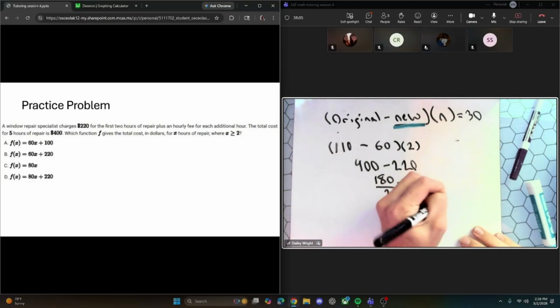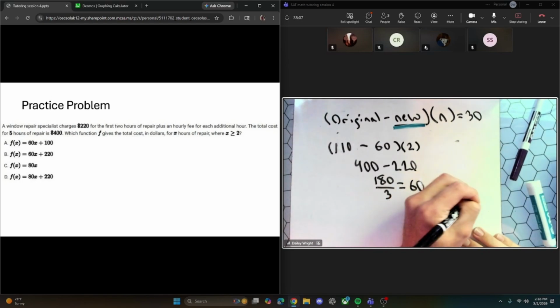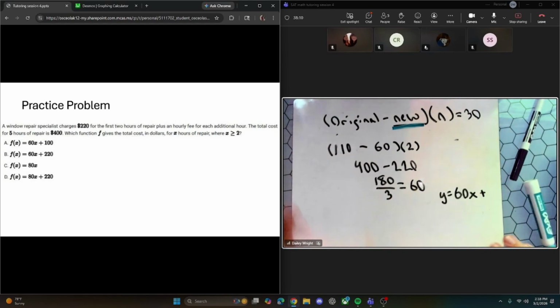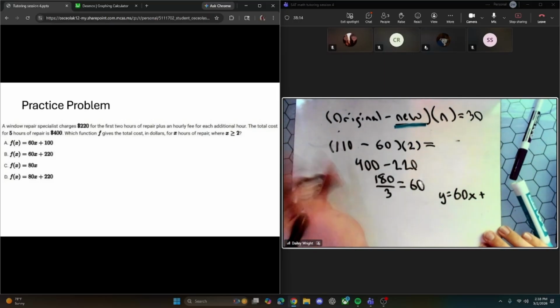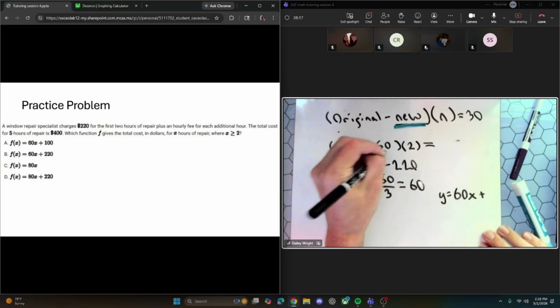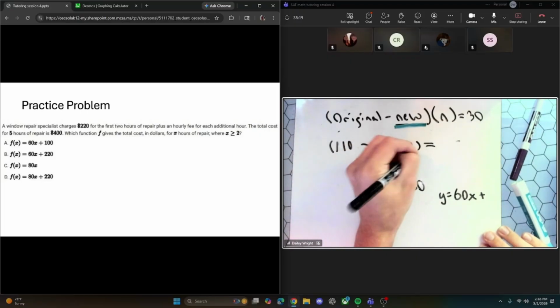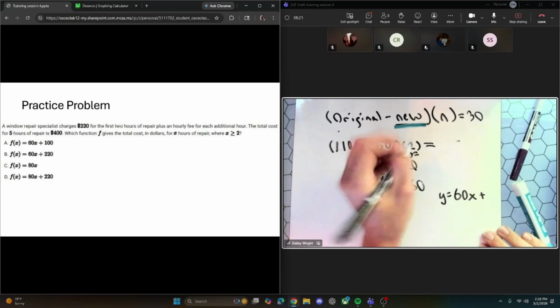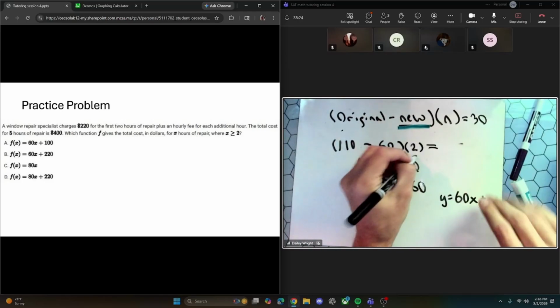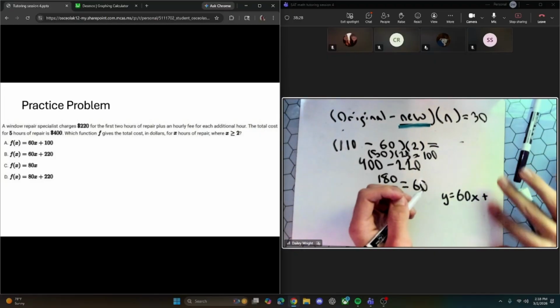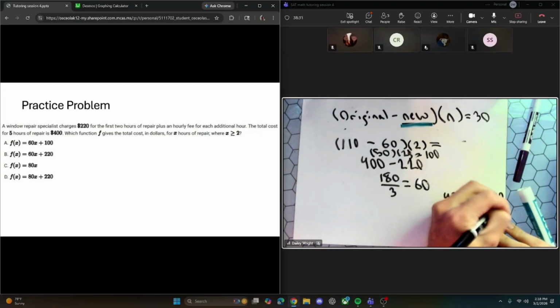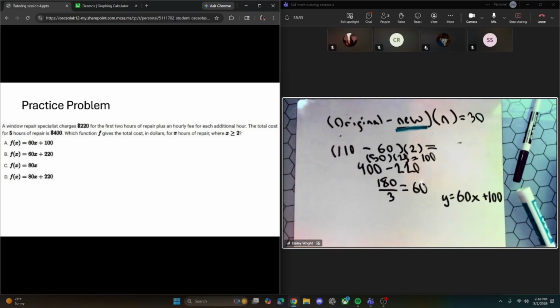So y equals 60x plus, and then our constant we find by using this equation. 110 minus 60 is 50. 50 times 2 is 100. Gonna have to squish this in over here. So your final equation is y equals 60x plus 100, and that is A.